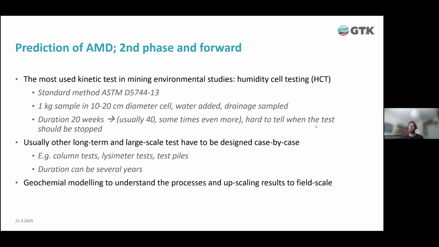For example, column tests or field scale lysimeter tests or test piles. It's always a case by case study, basically. And the duration of these field tests can be several years. Then when you have some results, you can do geochemical modeling to understand the processes that are affecting the drainage quality, and maybe to upscale the results to field scale.